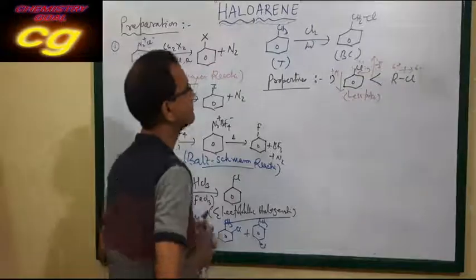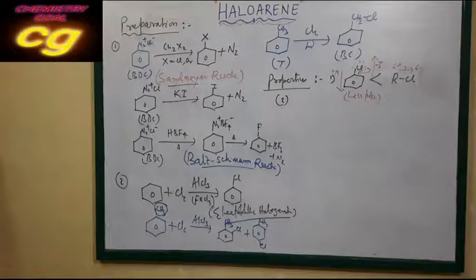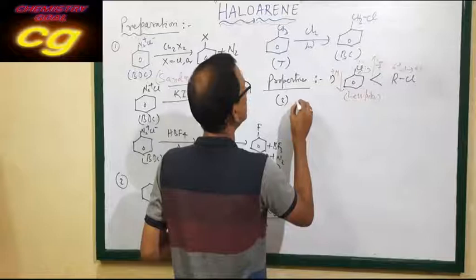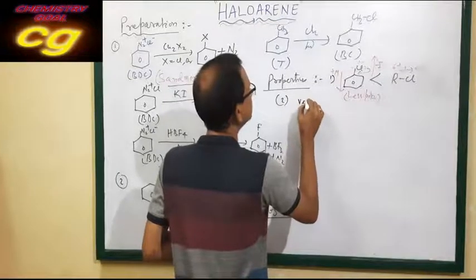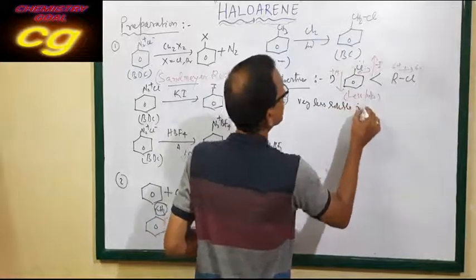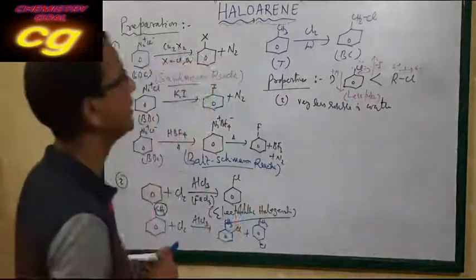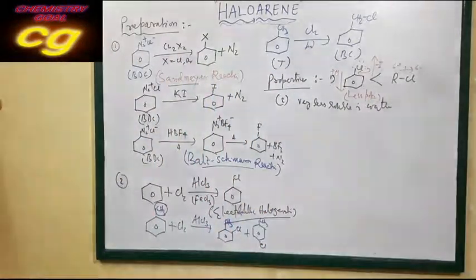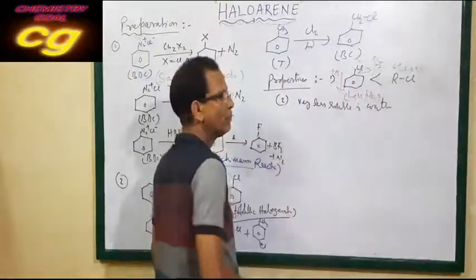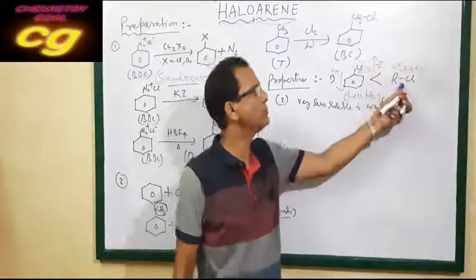Then the second one is solubility: less soluble in water, almost insoluble. Haloarene is almost insoluble due to less polarity and the hydrophobic phenyl group. As it has a hydrophobic phenyl group, the solubility is very low compared to haloalkane.